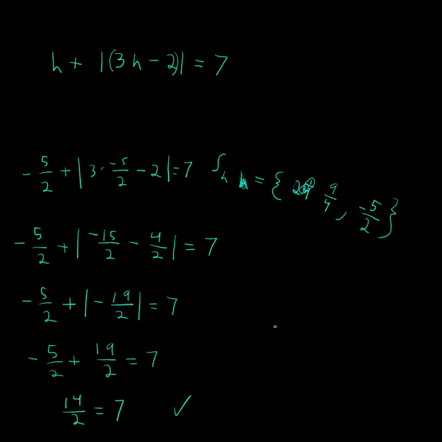So if I have a kind of graph for this one, we'll go from positive to negative, and I'll have negative 3, negative 2, negative 1, 0, 1, 2, and then 3.